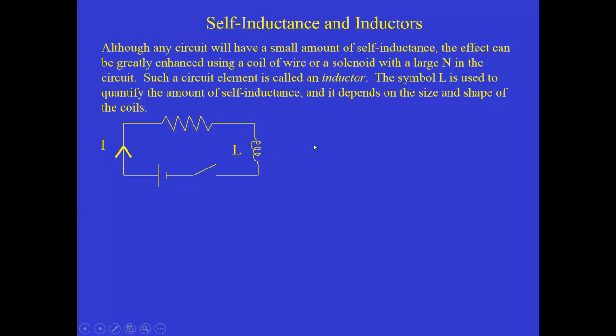The symbol L is used to quantify the amount of self-inductance that the inductor has. Just like when we talked about capacitors, where the capacitance depended on the size and shape of the conductors, the self-inductance of that coil is going to depend on the size and the shape of the coil.